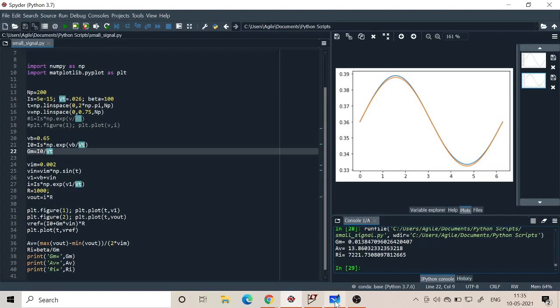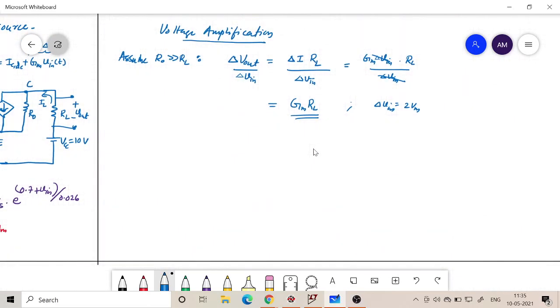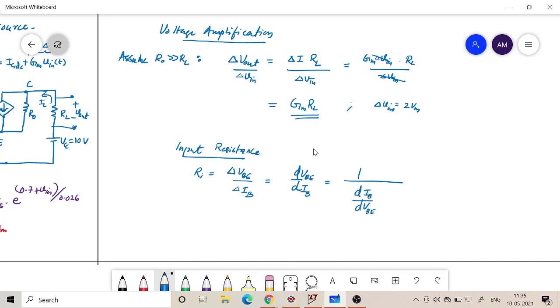Let me also tell you what the input resistance is. I already told you about the output resistance. The input resistance Ri is found from the input characteristics: delta VBE divided by delta IB, where IB is the input current. This is d by dIB of VBE, which may be written as 1 by dIB by dVBE.